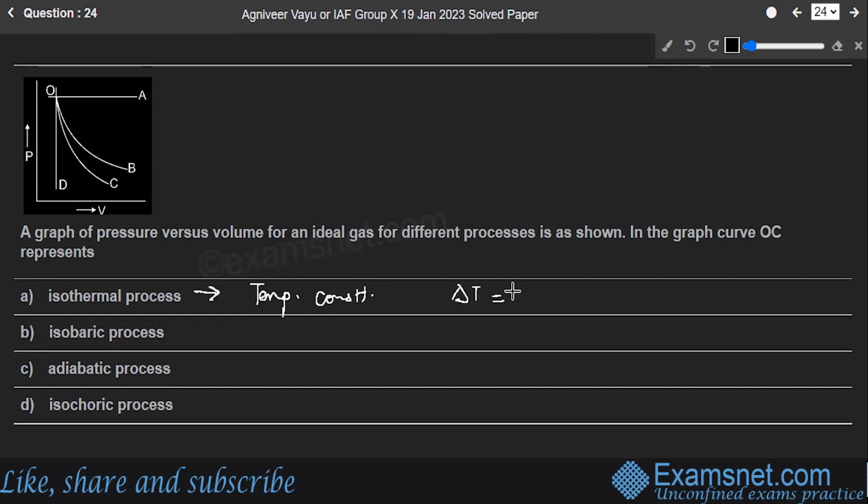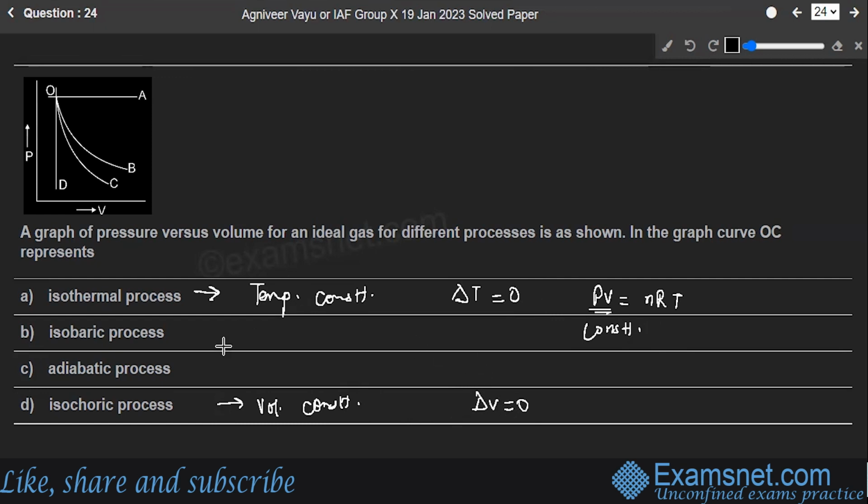That means delta T is equal to 0, which means PV is equal to nRT, or PV is equal to constant. Now, the second one, isochoric. This is the thermodynamic process in a system where the volume remains constant. That means delta V is equal to 0. Now, isobaric.